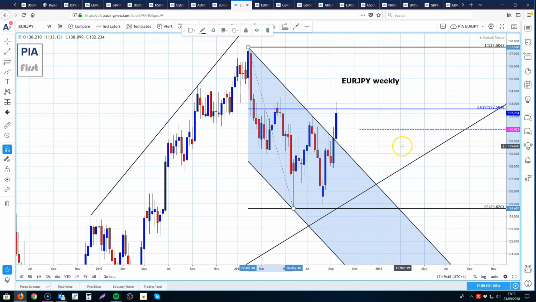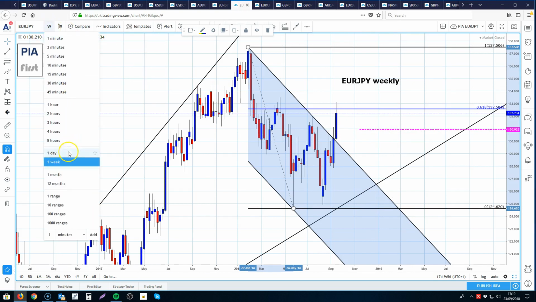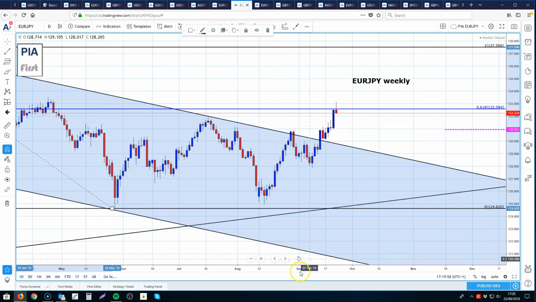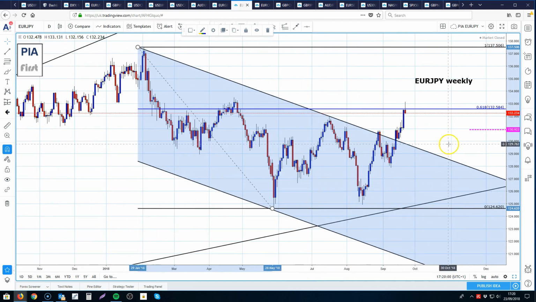This week we've got support at 130.92, and if we put this onto the daily chart, let's put it back a bit, we can see that that area has been quite supportive. It's actually acted as support and resistance for some time now. So that's our immediate support level for euro yen going into this week.